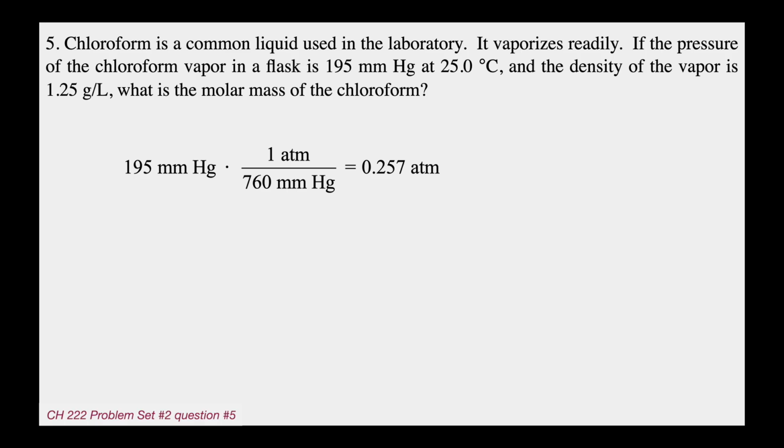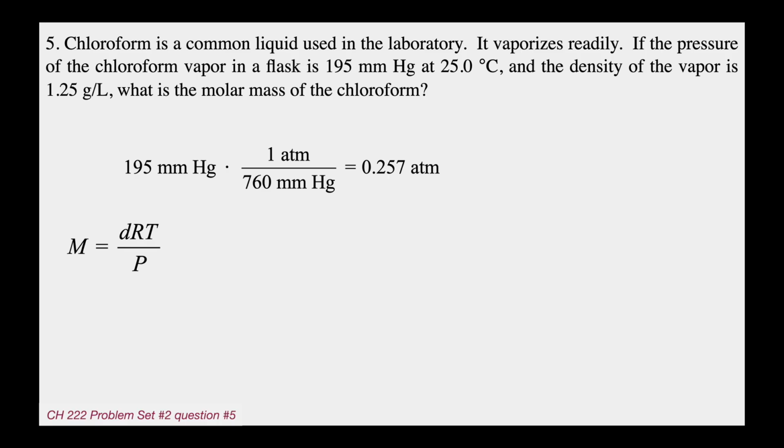So 195 millimeters of mercury divided by 760 gives you 0.257 atmospheres. We've got to turn our Celsius into Kelvin. But if PM equals DRT, then M, the molar mass, equals DRT over P. Now density is already in grams per liter. We don't have to do anything there.